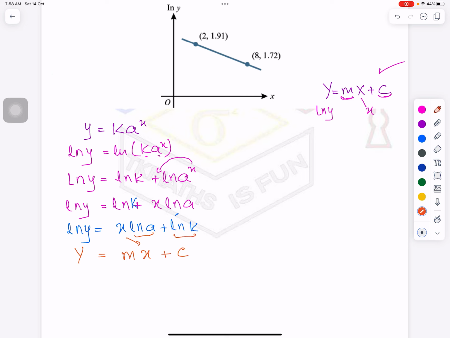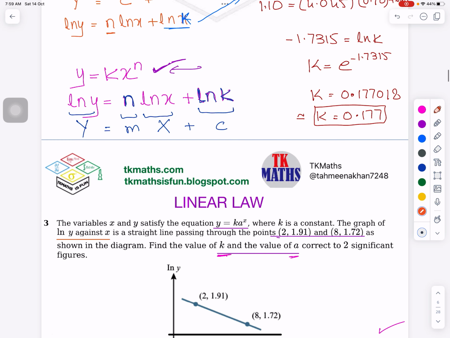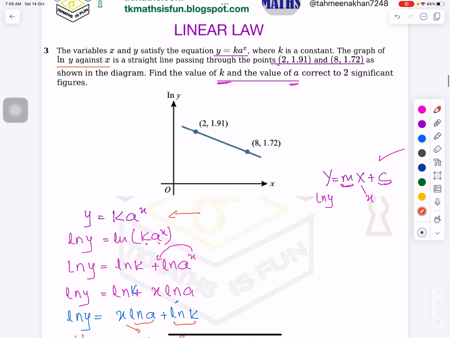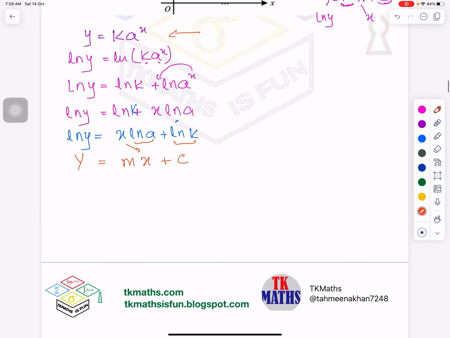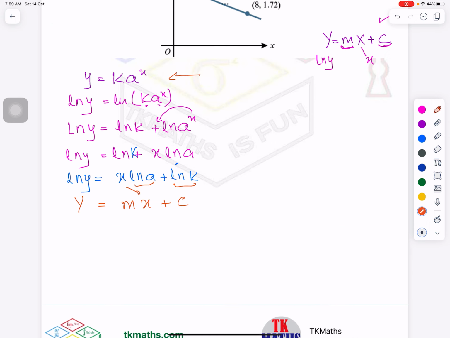So my c is ln k, my gradient is ln a. Now this is which type of equation? Exponential equation. So you got gradient ln a. In the previous case, when it was a polynomial equation, I got my gradient as what? n, right? So now my gradient is ln a. Okay, so let's continue. We have to find out the values of a and k.